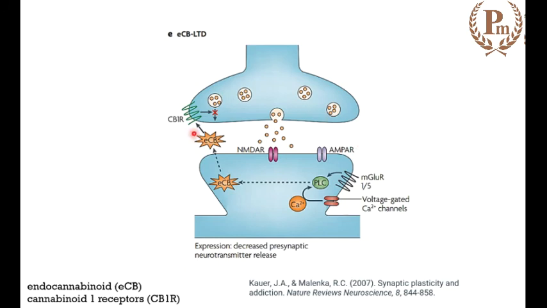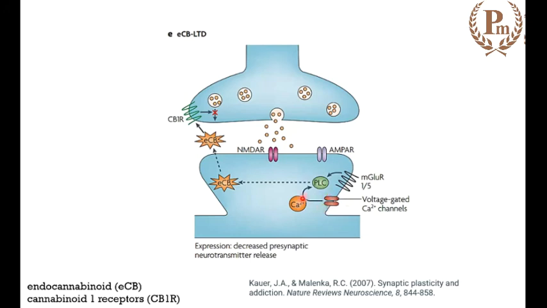Now, here is one example where we are going to read about the endocannabinoid receptors. So we have this metabotropic glutamate receptor. Whenever the neurotransmitters are released, they go and bind to their receptors, both the ionotropic as well as the metabotropic receptors. These metabotropic receptors cause phosphorylation, and they cause the opening of voltage-gated calcium channels.